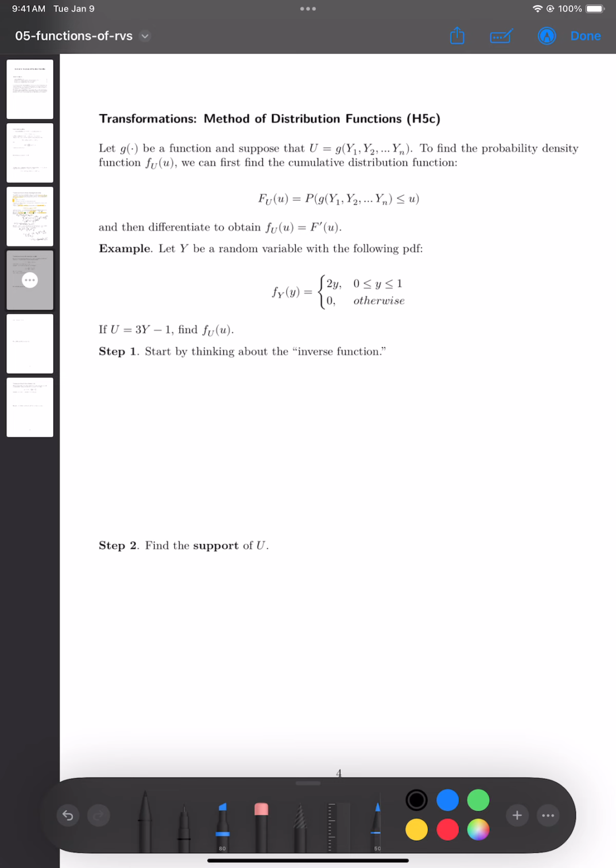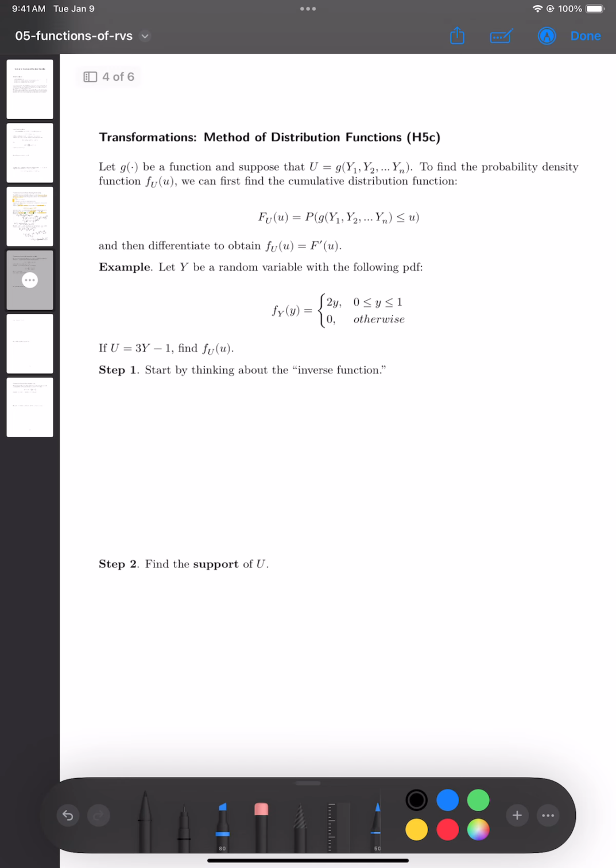Welcome everyone. In this video we are going to continue talking about transformations, and this time we are going to figure out the distribution of a particular random variable u that is a function of some other variables y1, y2 to yn, where we're thinking about these y's as having a known distribution.